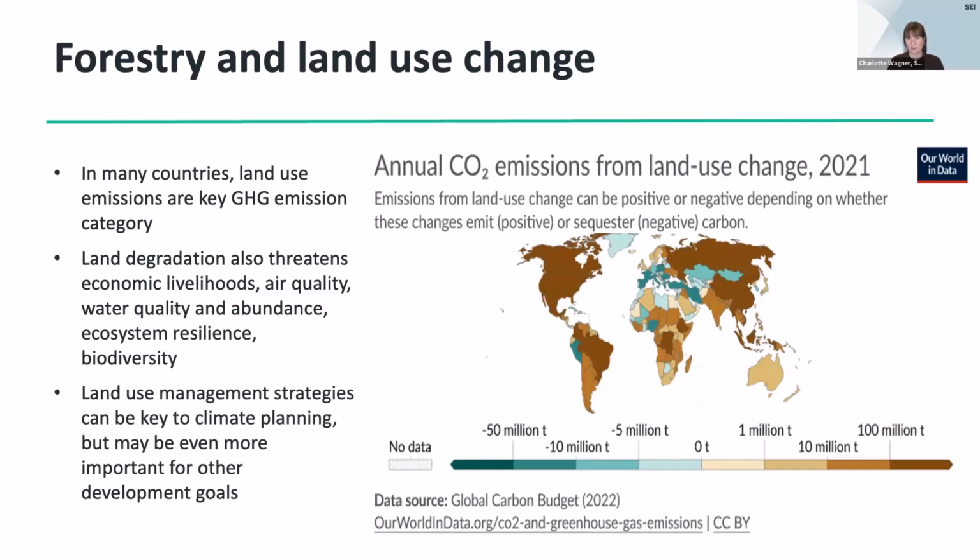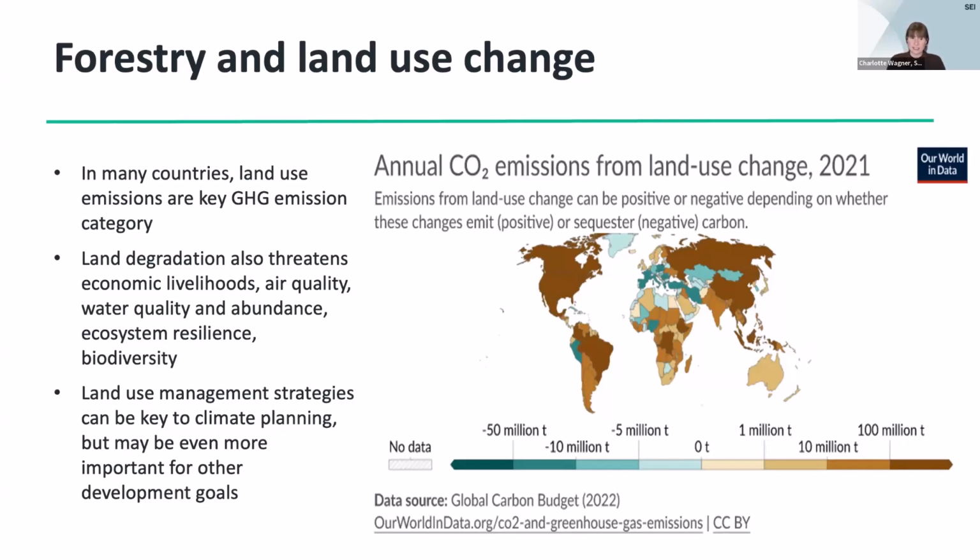And you can see that while in some countries, in shades of green, land use change and forest act as a carbon sink, there are many countries around the world for whom land use and forestry are actually a source of emissions. At the same time, land degradation also threatens economic livelihoods, air quality, water quality and abundance, ecosystem resilience, biodiversity, and many more endpoints.